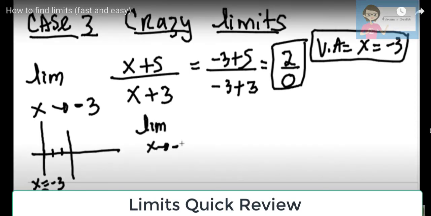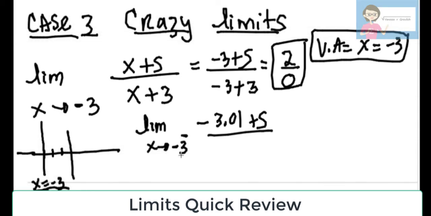So look what I'm going to do. I'm going to approach the limit from the left by plugging in values. When you do it from the left, you put a little negative on the top. When you approach from the left, you need to find a point that comes from the left, very close to -3. The easiest value from the left is going to be -3.01.